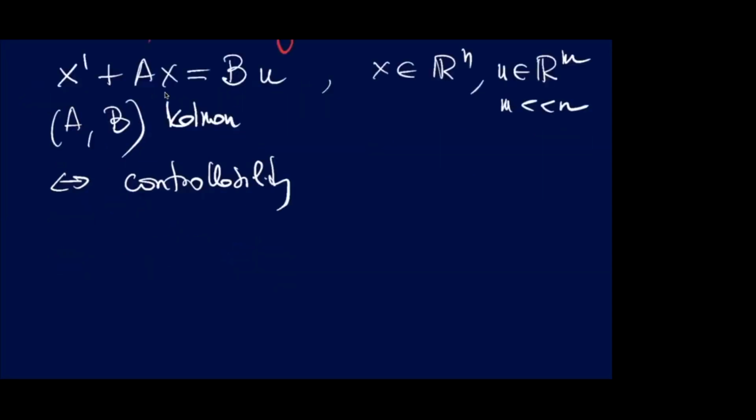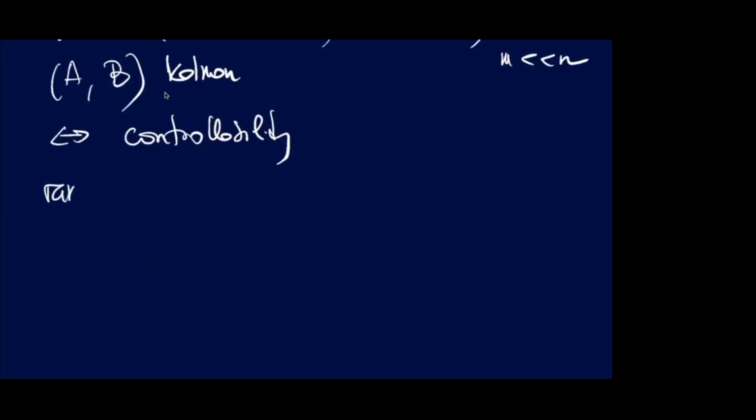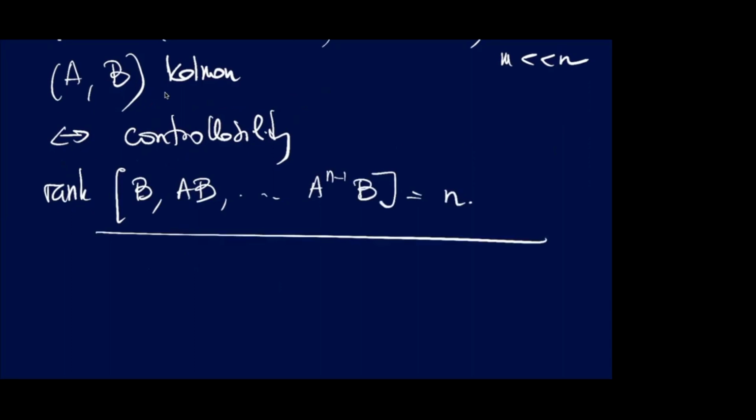And it simply says, as we were writing a few minutes ago, that the rank of [B, AB, ..., A^(n-1)B] is equal to n. So then my question is, what is the extension to infinite dimensional systems?